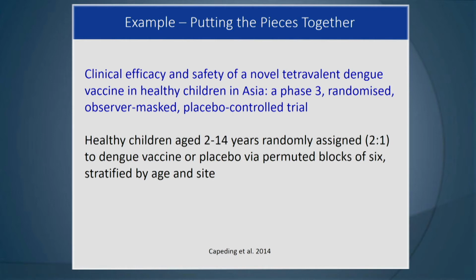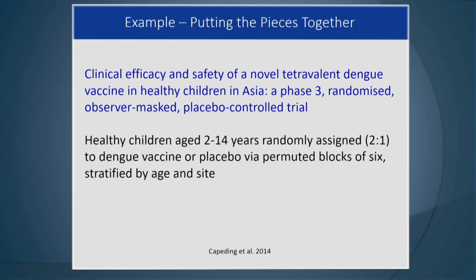So if we put all these pieces together, I'm just showing you an example to tell you that this is real. People are using these designs. It's not just concept and theory. This is a trial, the clinical efficacy and safety of a novel tetravalent dengue vaccine in healthy children in Asia, a phase 3 randomized observer-masked placebo-controlled trial.